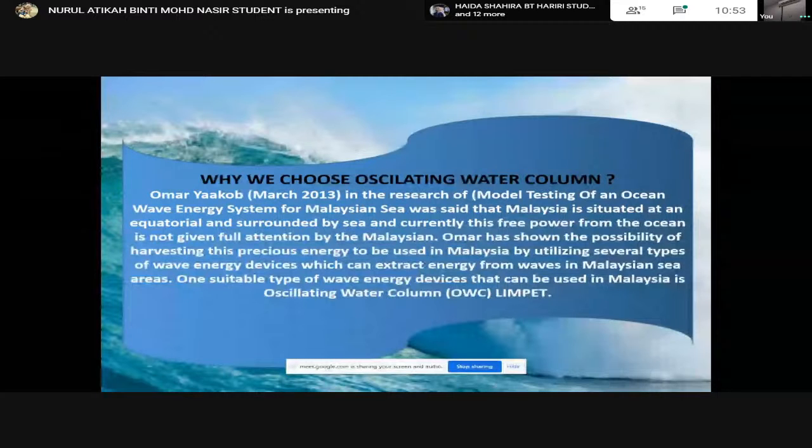He said that Malaysia is situated at the equator and surrounded by sea, and currently this free power from the ocean is not given full attention by Malaysians. He has shown the possibility of harvesting this precious energy to be used in Malaysia by utilizing several types of wave energy devices which can extract energy from waves in Malaysian sea areas. One suitable type of wave energy device that can be used in Malaysia is the oscillating water column. So, Fatih Hazira will continue this presentation.